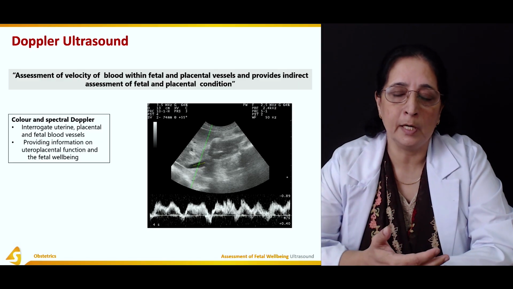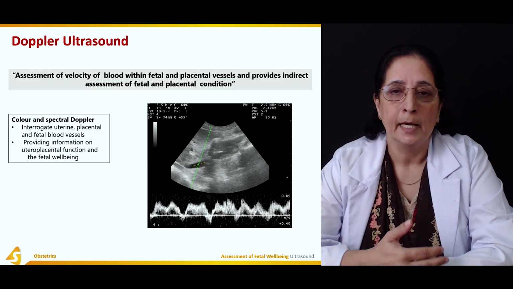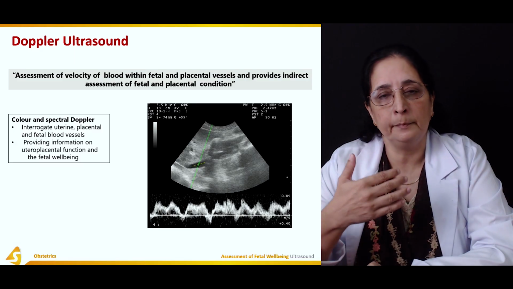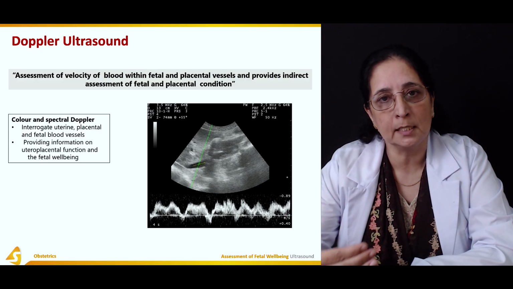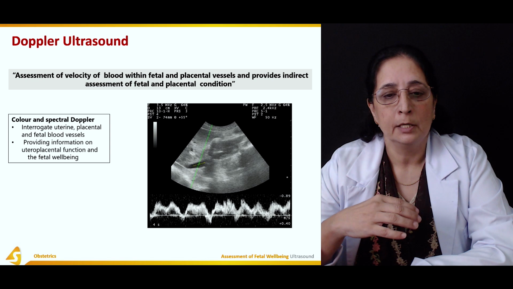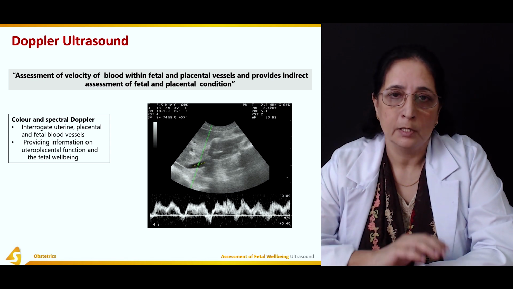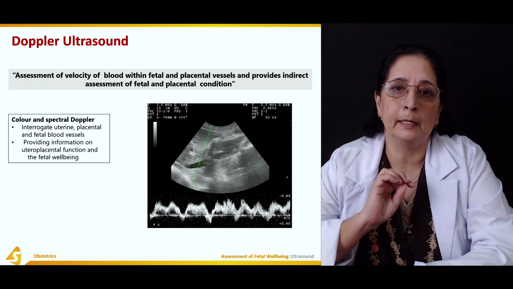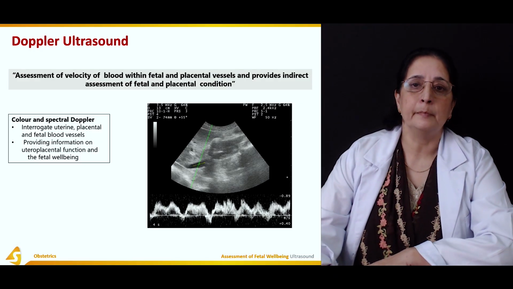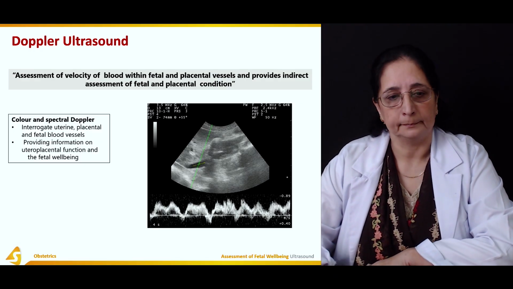So if blood flow is good in the blood vessels, it means the blood flow to the fetus is enough, so the condition is good. So it's a very, very good test for the assessment of fetal well-being.